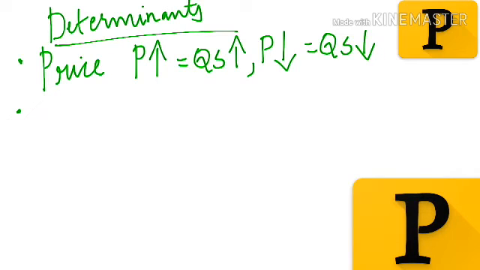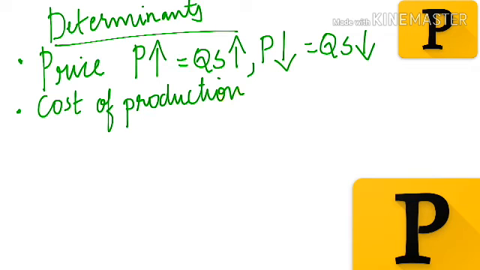The second determinant of supply is cost of production. When cost of production of a firm goes up, what would happen to the supply? Quantity supplied would come down, because now the cost is more, and the producer is able to produce only lesser goods.